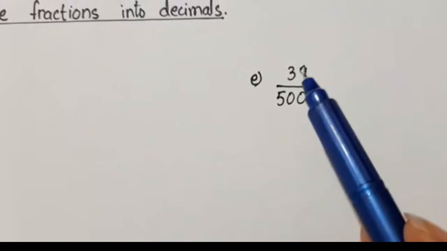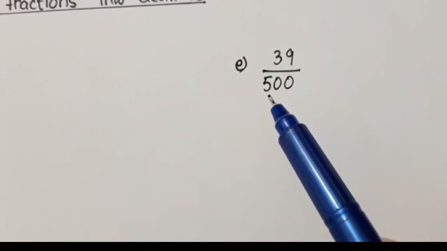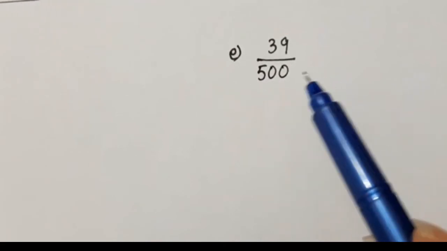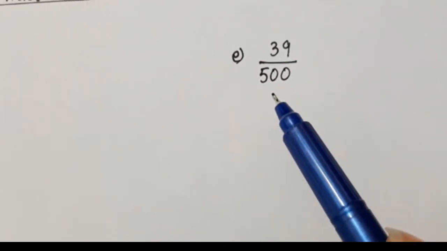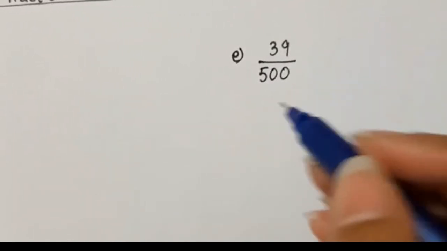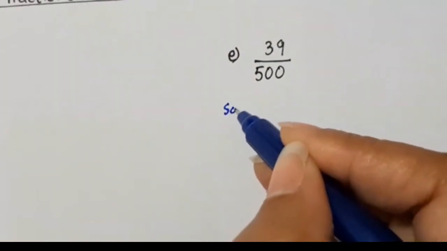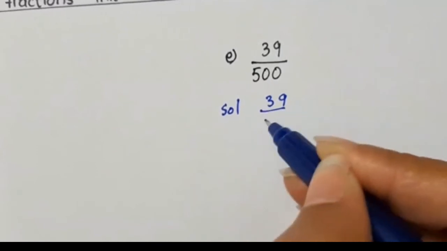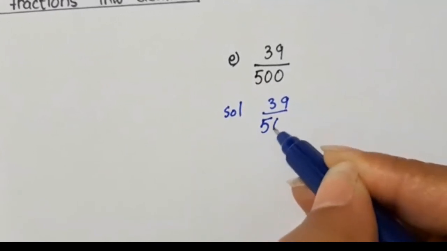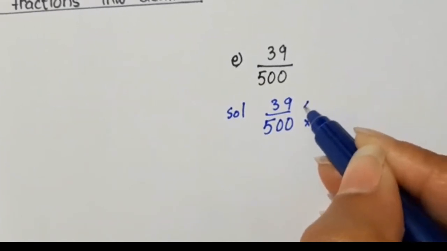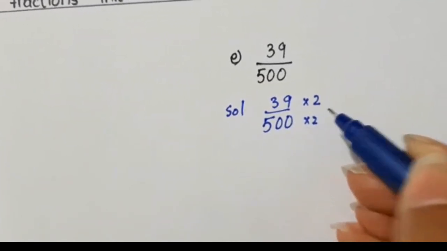So boys, in this sum we have 39 over 500 and we have to make it 1000, because in the definition of decimal we know there should be 10, 100 and 1000, and we have done the practice as well. So 500, in the solution we will write 39 over 500 multiplied by 2. 500 2s are 1000.